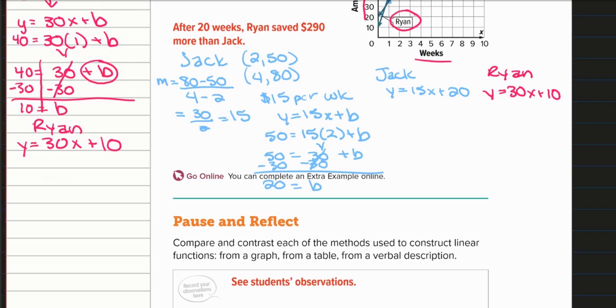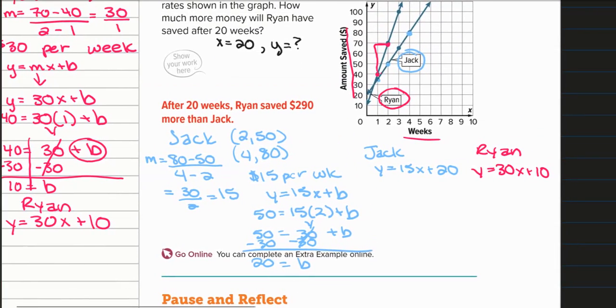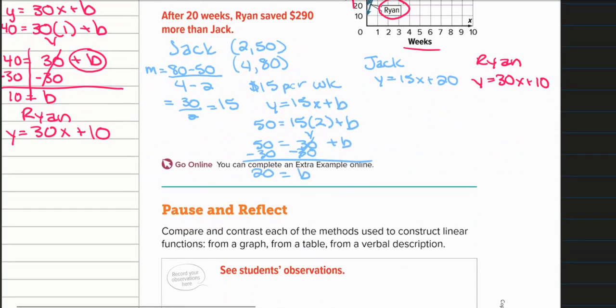And now we need to figure out when x equals 20. So we're going to plug that in. So for Jack, we have y equals 15 times 20 plus 20. For Ryan, we're going to have y equals 30 times 20 plus 10.